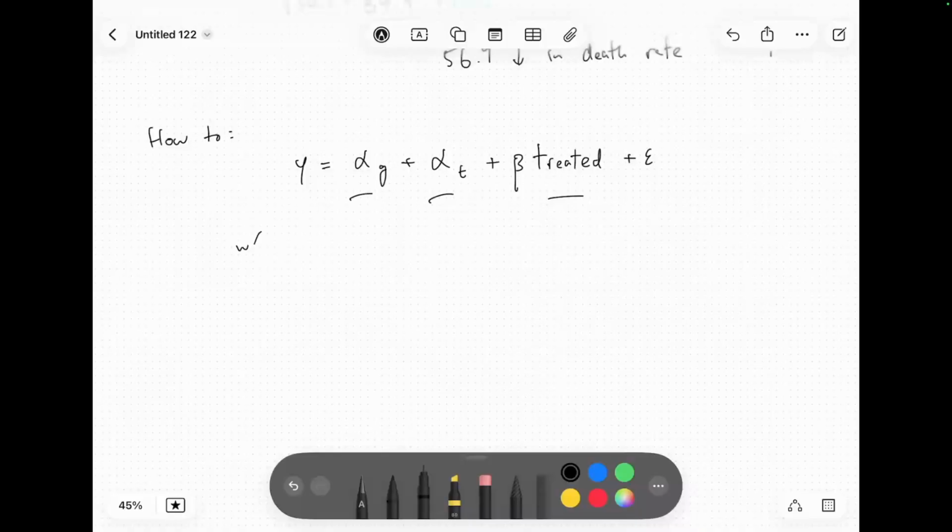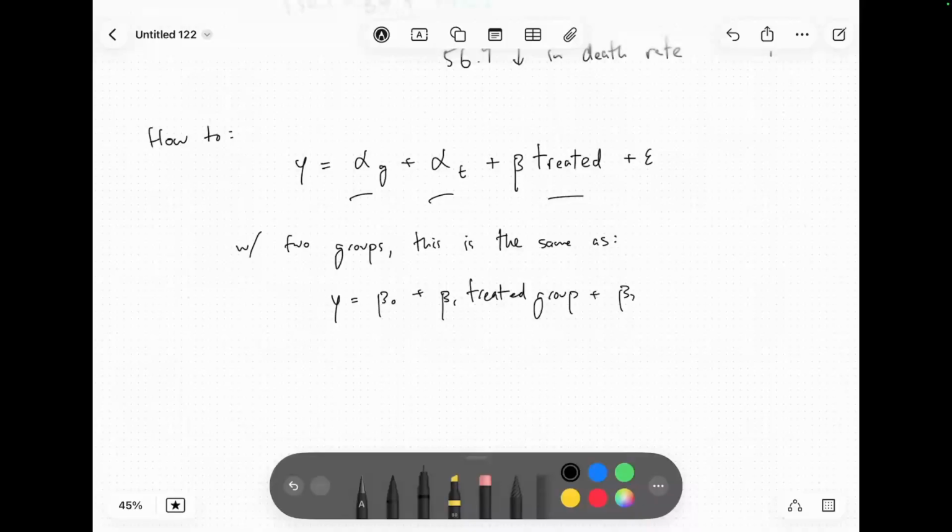So this is with two groups. This ends up being the same as y equals beta 0 plus beta 1 treated group plus beta 2 after treatment plus the interaction, beta 3 treated group times after treatment.